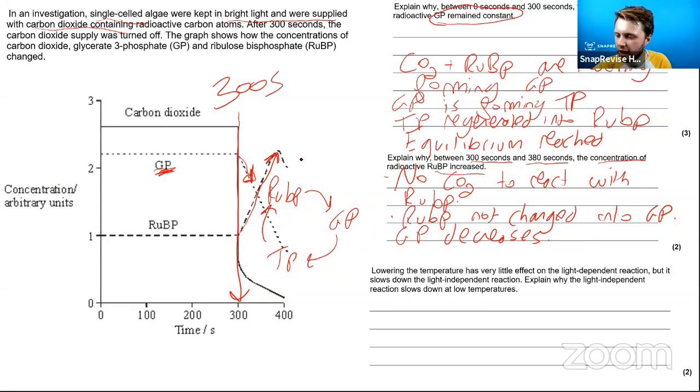So as soon as you take out carbon dioxide, CO2, then basically you have a massive buildup of this. That thing decreases. TP is going to just stay kind of constant. In fact, no, TP could get turned into RuBP, so that'll probably go down itself, so long as you've got enough NADPH and enough ATP.